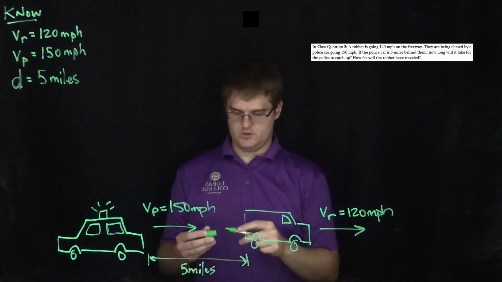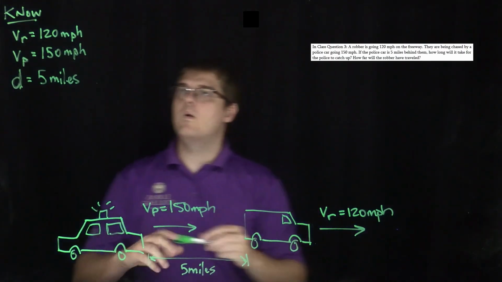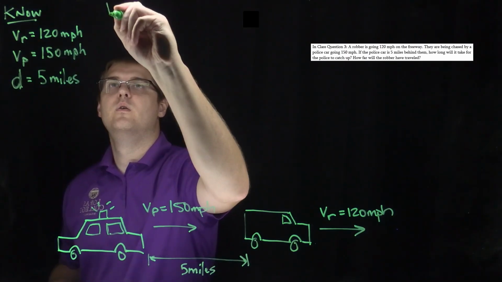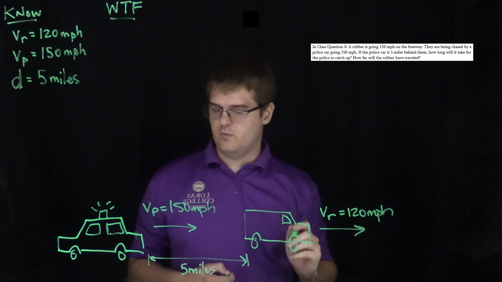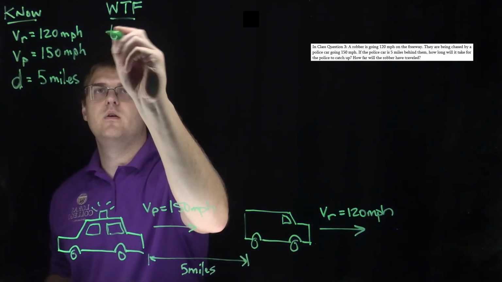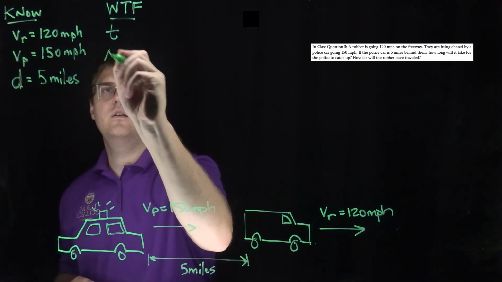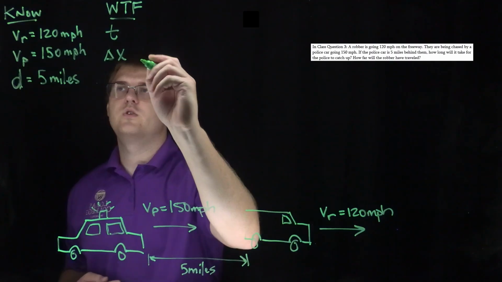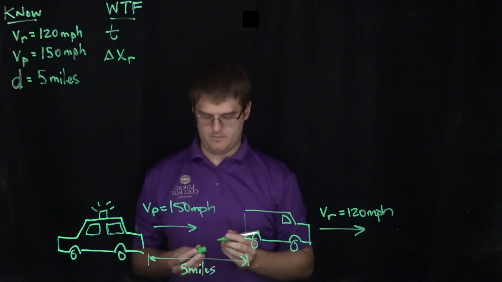Perfect. That actually looks much better on the video than the screen. What we want to find: we were asked for the time that it's going to take to catch up and the distance traveled by the robber over that time.